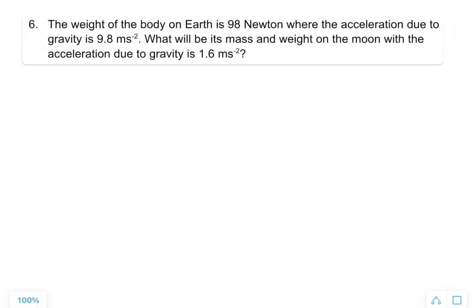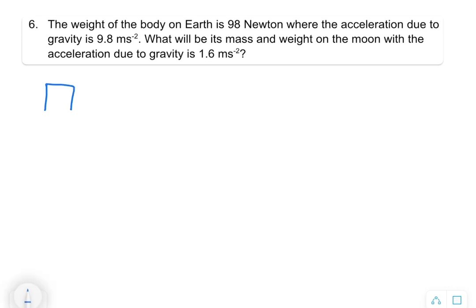The weight of the body on Earth is 98 Newton, where the acceleration due to gravity is 9.8 meters per second square. What will be its mass and weight on the moon with the acceleration due to gravity 1.6 meters per second square?